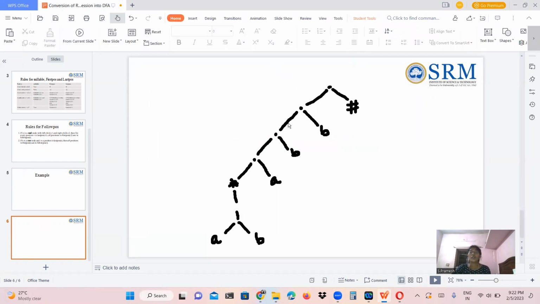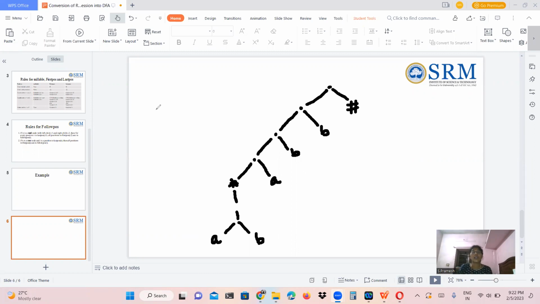Okay. So almost this is only my tree. Now I'll use one more color here. I'll take some green color. So now I'm going to do the first position of this symbol.